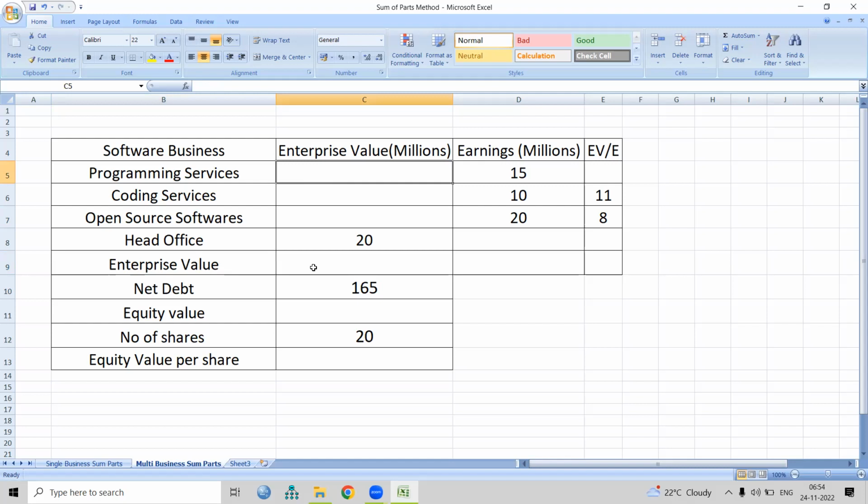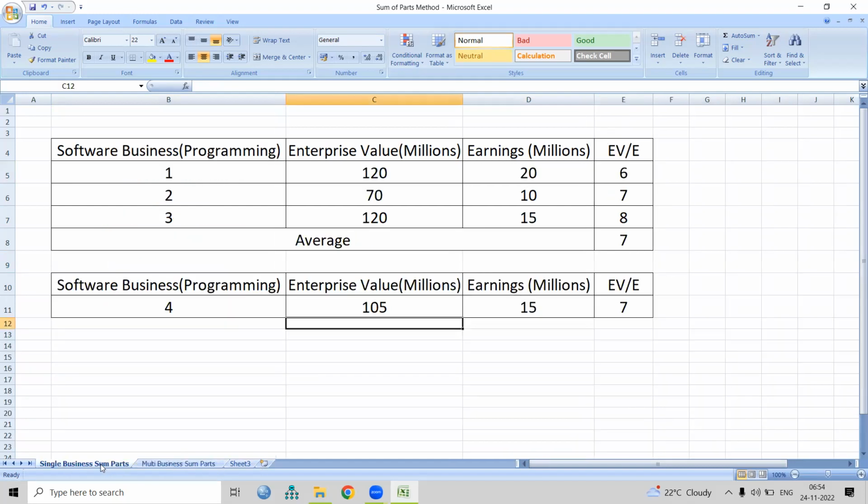So the programming services enterprise value. We already calculated the enterprise value to earnings for the programming services. So let's come back to the previous sheet and find out the average value now. How do you find out the average value? Let's use this equation.